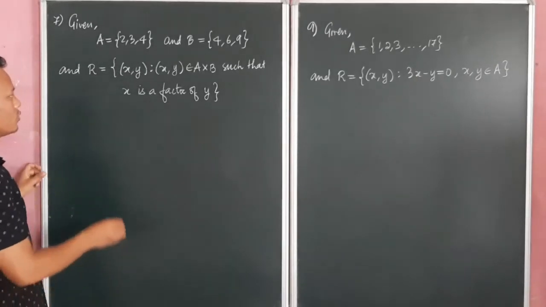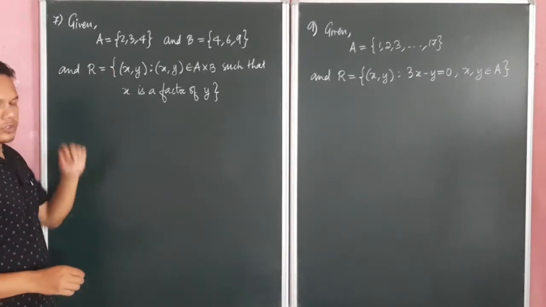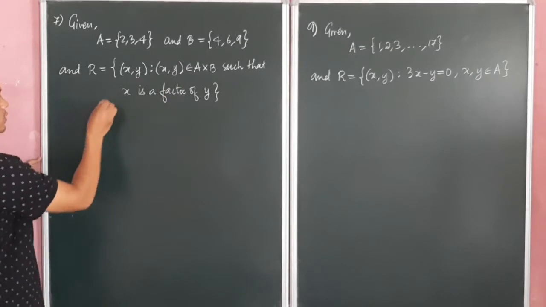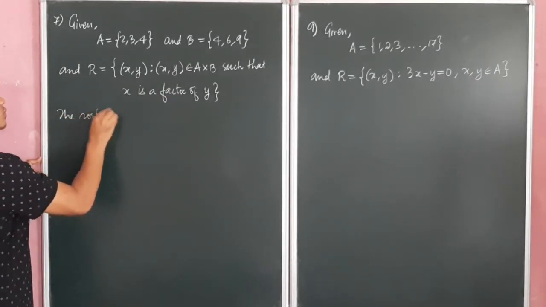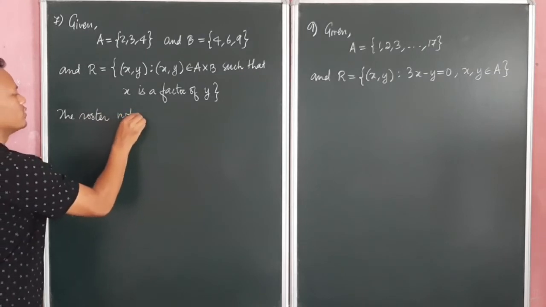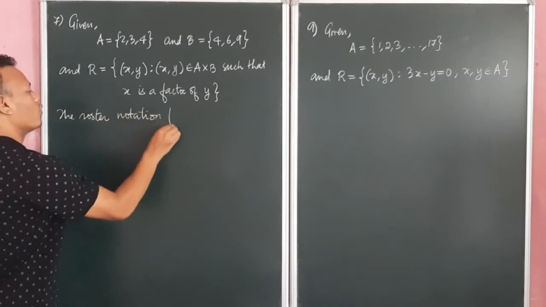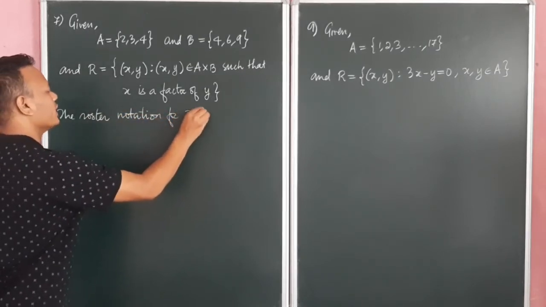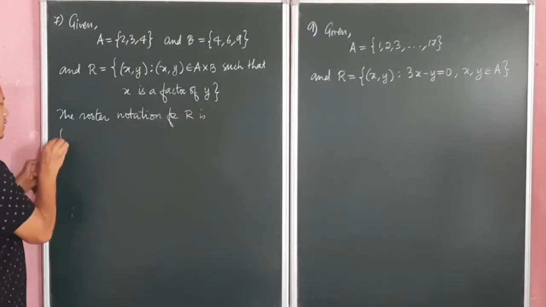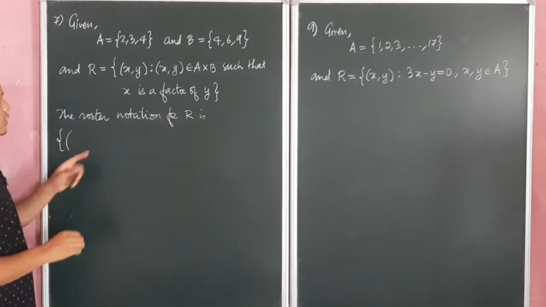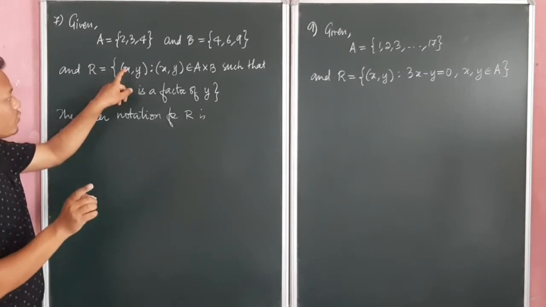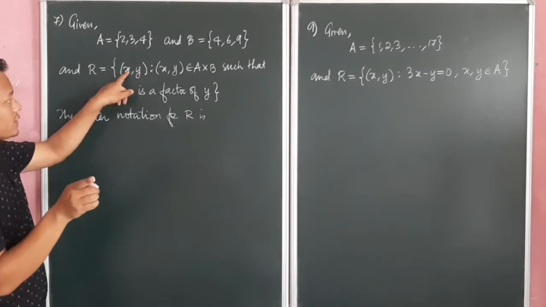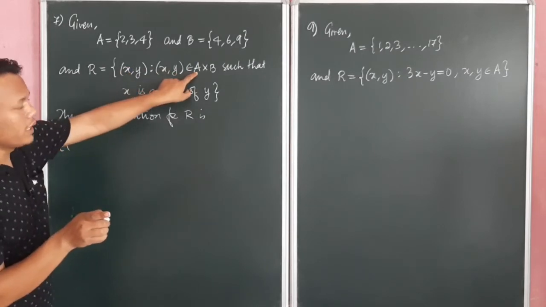So let's see how we write the roster form for this. Now the roster notation for R is, so let's see. The first is X, right? So first we have to write X, and from where do we need to choose X? This X has to come from A, isn't it?